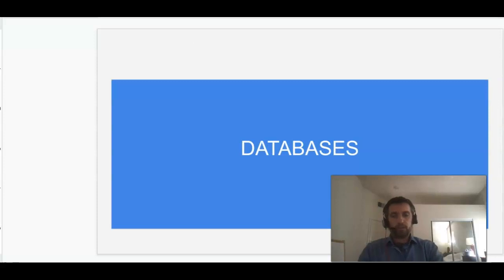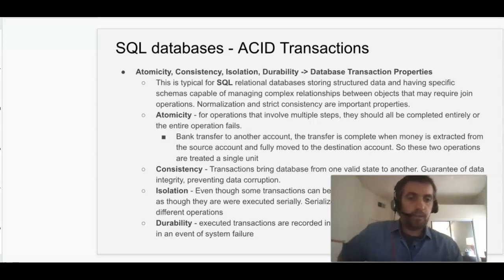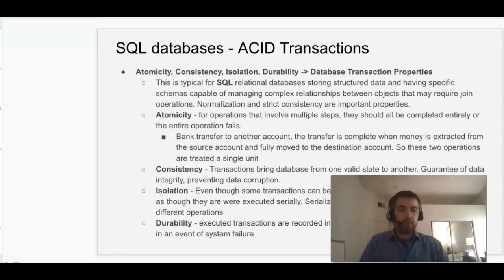Let's talk about databases. Databases are obviously essential for any service. Without a database, we probably don't even have a service, unless it's something really, really simple. But anyways, there are different types of databases. There are relational databases, the SQL databases, that have a very strict schema and are really good for types of transactions that have to be really consistent and very well controlled.